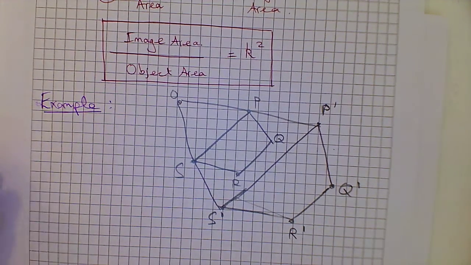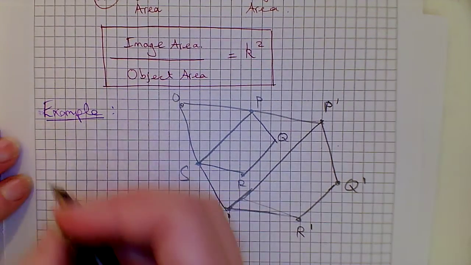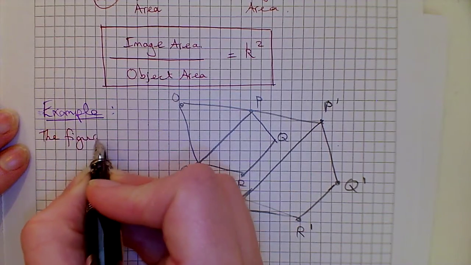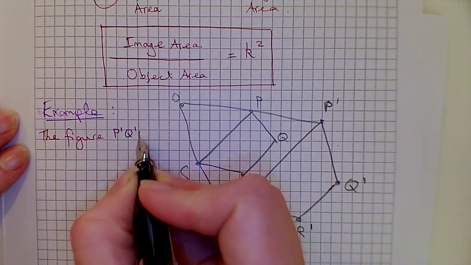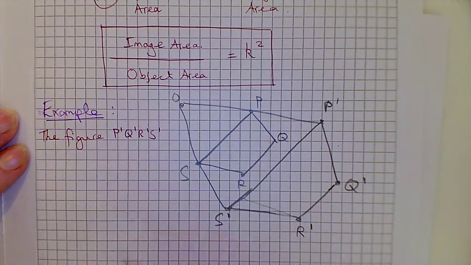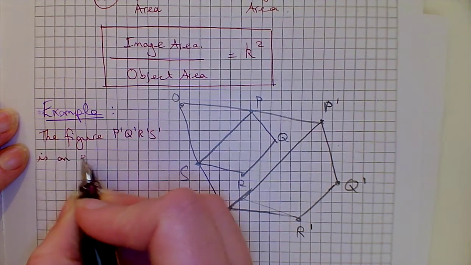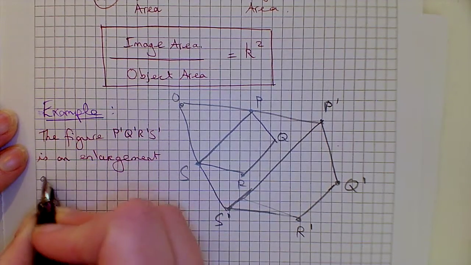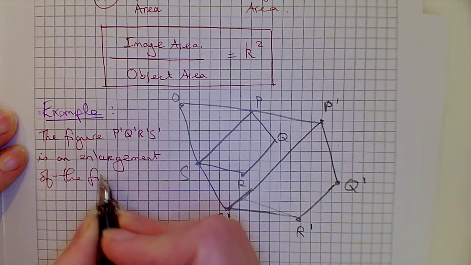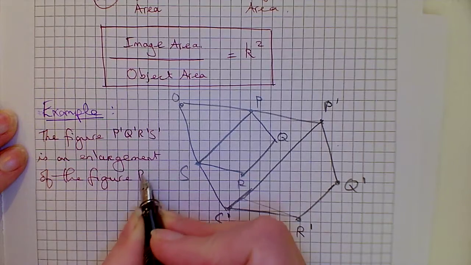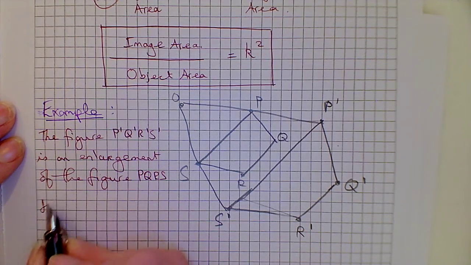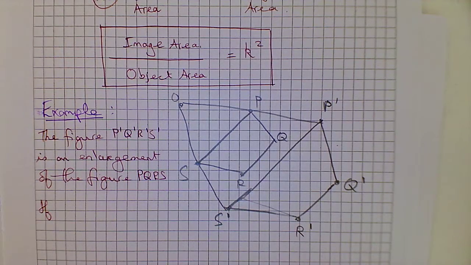It's sufficient when we're learning maths to say that something is what the diagram doesn't necessarily match. The figure P prime, Q prime, R prime, S prime is an enlargement of the figure P, Q, R, S. If the area, so what kind of shapes are these? Well, they look like trapeziums, but we don't know for sure.